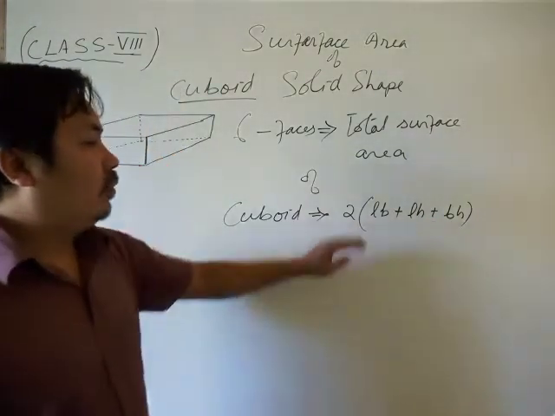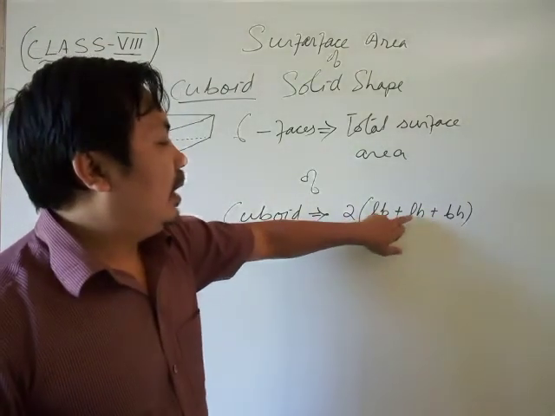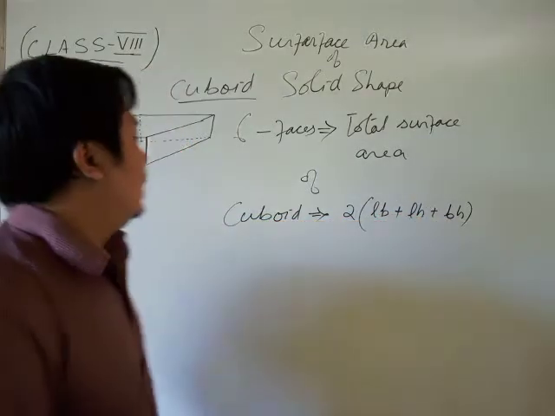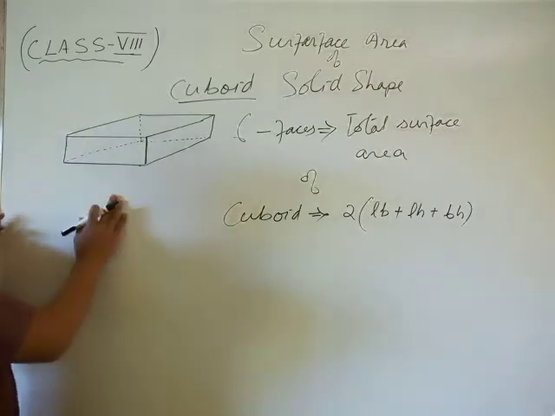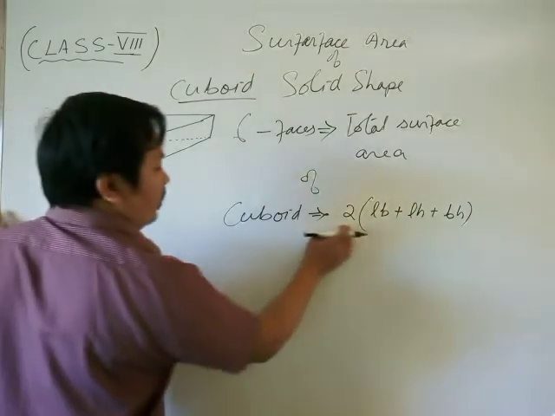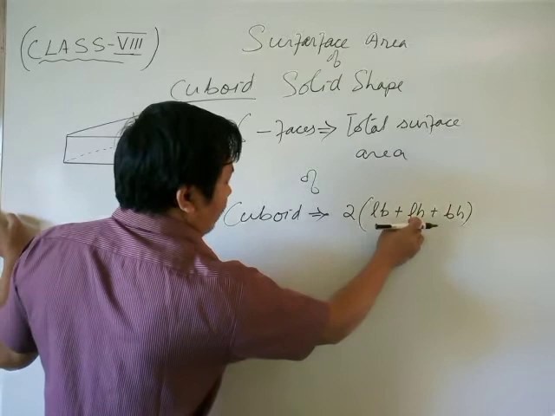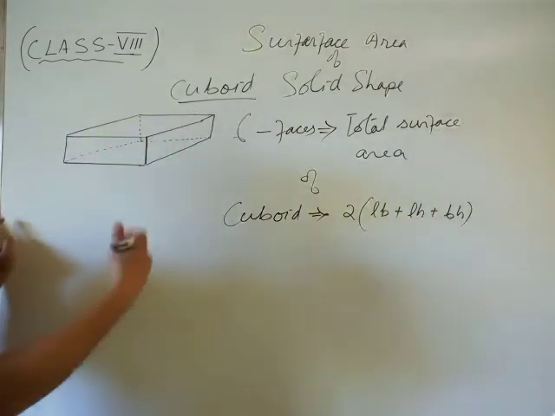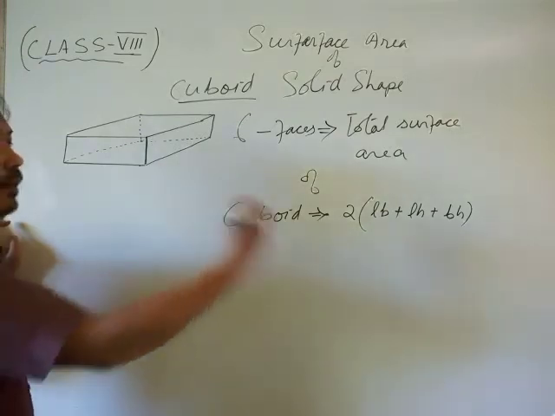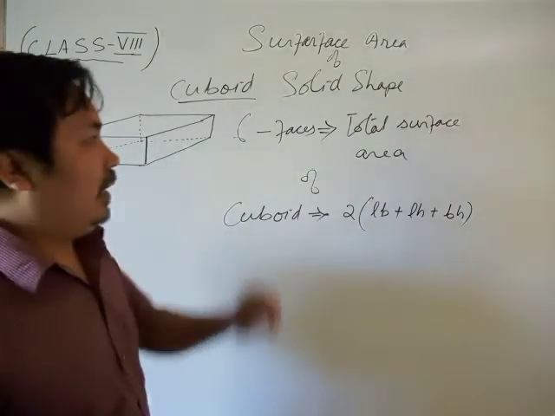That means 2 into length times breadth plus length times height plus breadth times height. Since it is a 3-dimensional shape, there will be height. That's why it is 2 into LB plus LH plus BH. Don't forget, okay. 2 into LB plus LH plus BH is the total surface area.